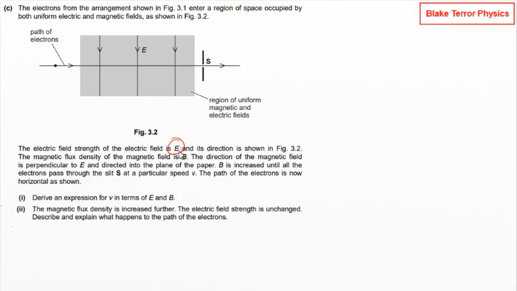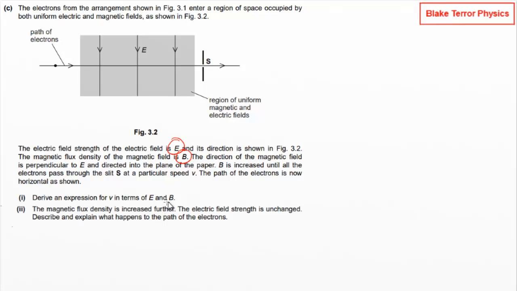Magnetic flux density is B, which is perpendicular to E into the plane of the paper. Okay. B is increased till all of the electrons pass through this slit. Okay, so we're doing some kind of mass spec type approach on this velocity selector. Path of the electrons is now horizontal. Derive an expression for v in terms of E and B.